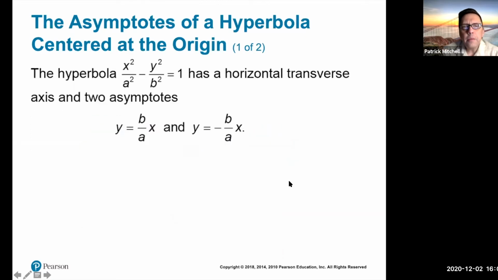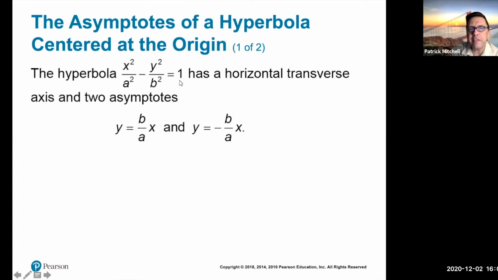So the hyperbola x squared over a squared minus y squared over b squared equals 1 has a horizontal transverse axis, as we talked about before, and it has two asymptotes, which are the lines y equals b over a x and also y equals negative b over a x.